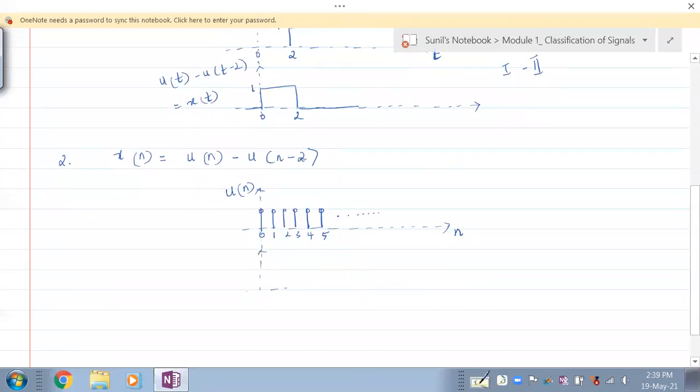So how is u of n minus 2 looking? It would look like this. It would start from 2. Any number of samples you can write, but see that you are not writing just 1 or 2 samples, write at least 3, 4, 5.